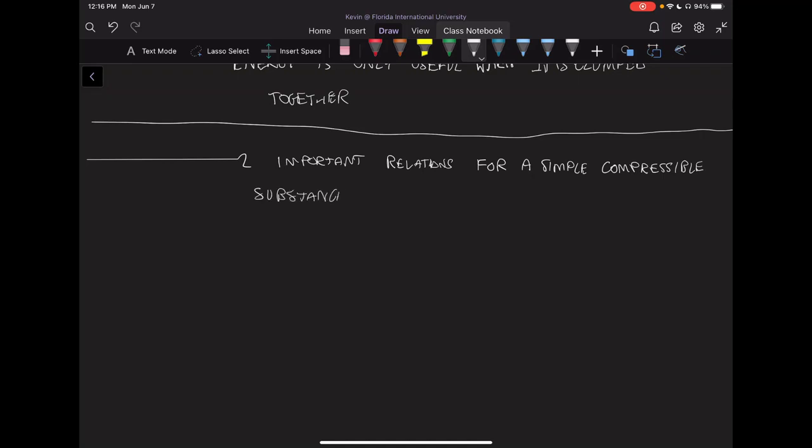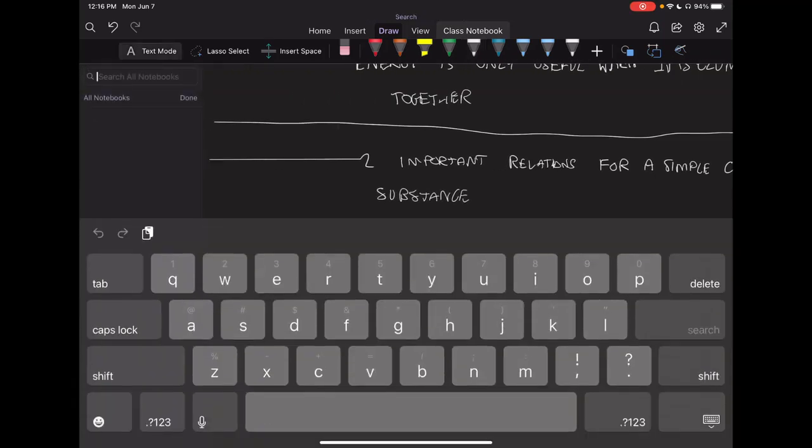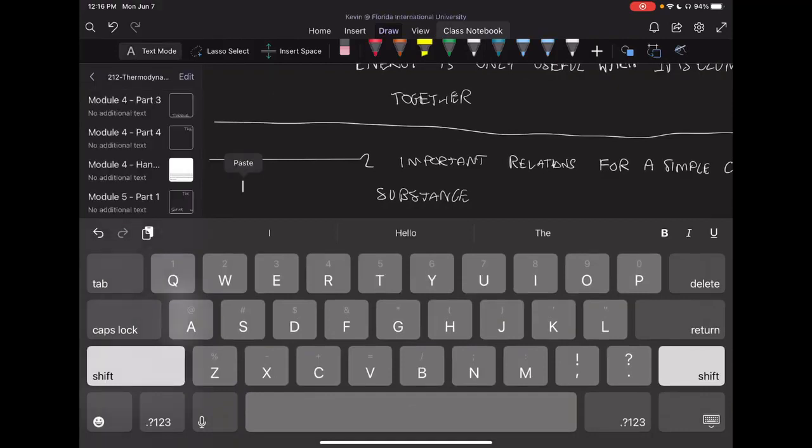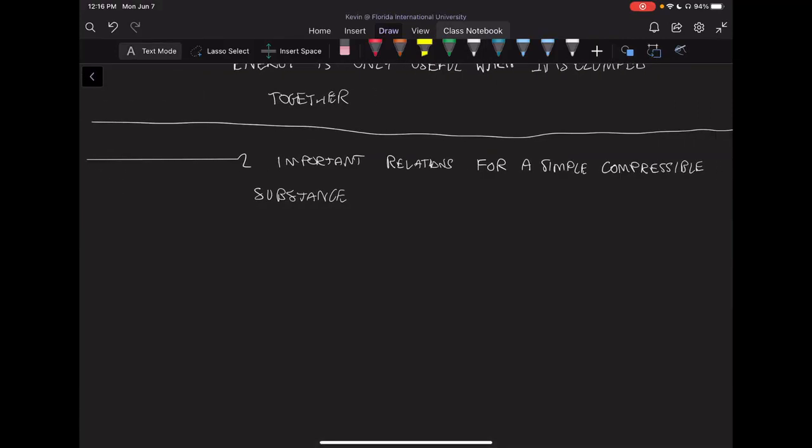And these equations are called the Gibbs equations. Okay, so we're going to derive the Gibbs equations.